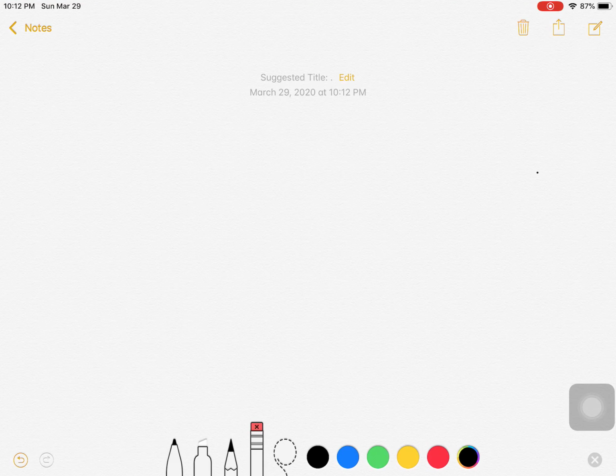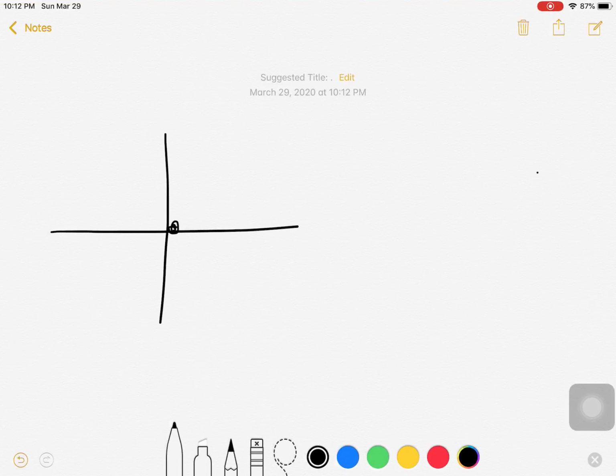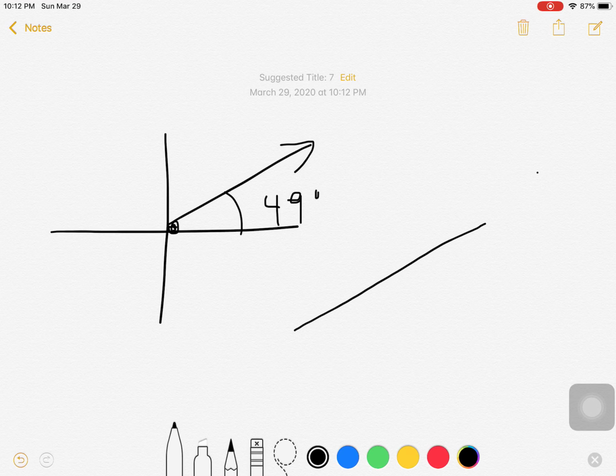All right. So once we have a vector, a lot of times what we want to do is break it down into its constituent x and y parts. So if we have this vector here, 49 degrees counterclockwise from the positive x-axis, we can redraw that as a right triangle. So this is our arrow, this is the original force, and it is 49 degrees.